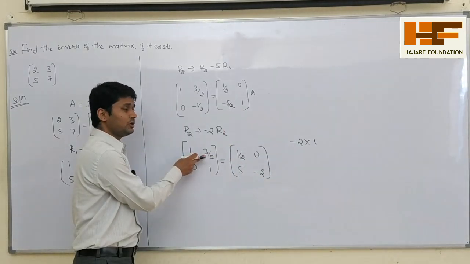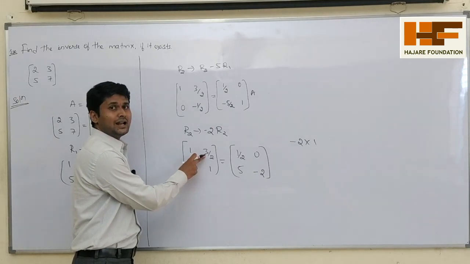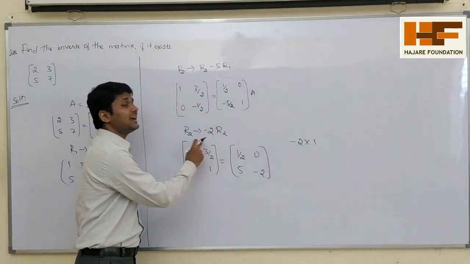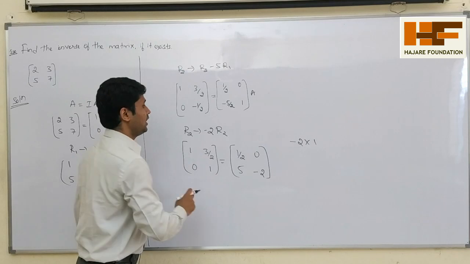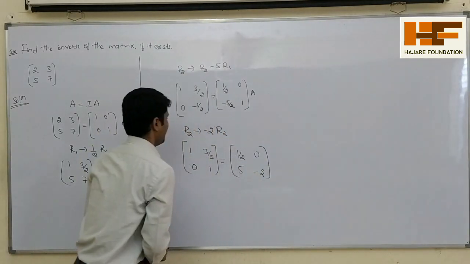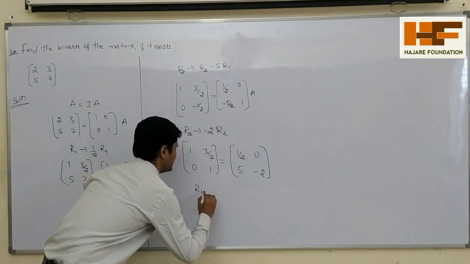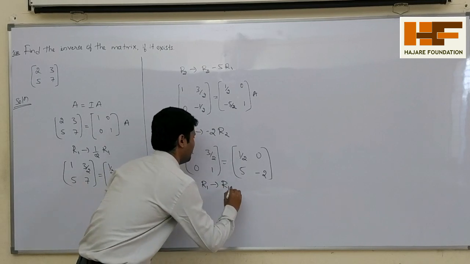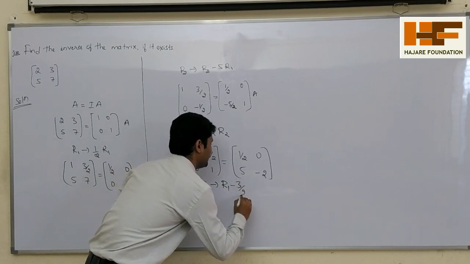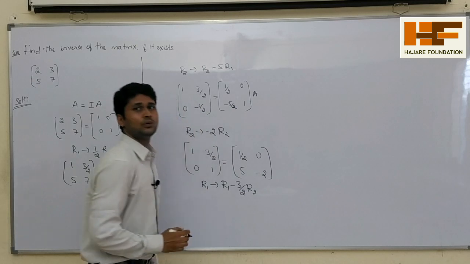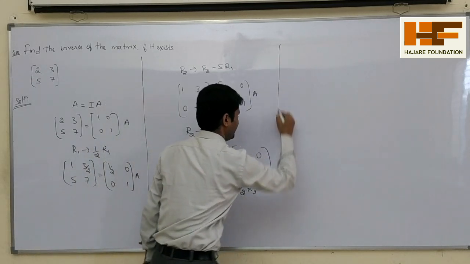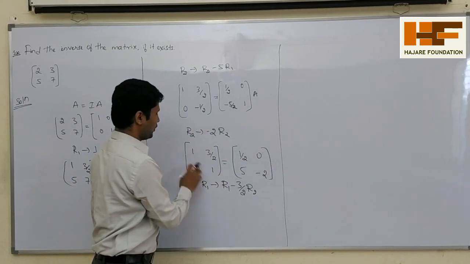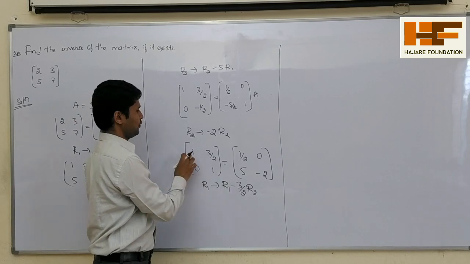Immediately we have to move to the 1 2 element and make this element a 0. At that time R1 changes to R1 minus 3 by 2 into R2. Next, simplify the term. What is the R1 element here? 1.